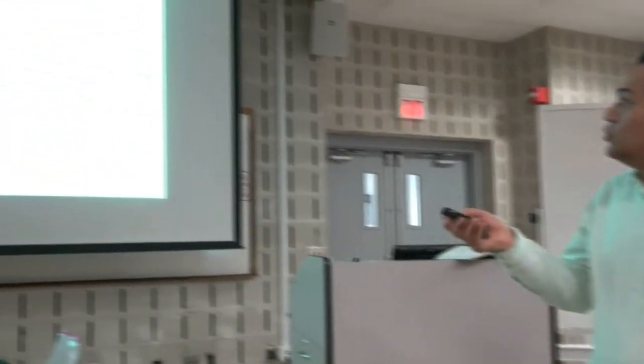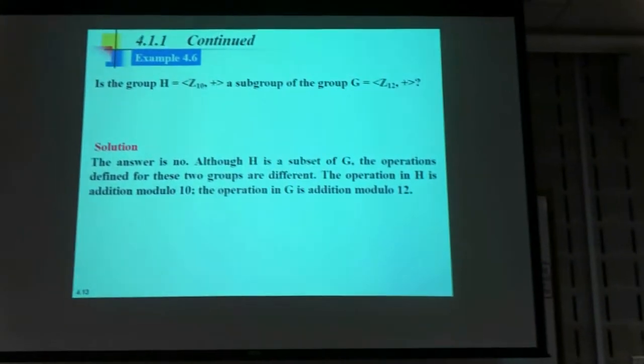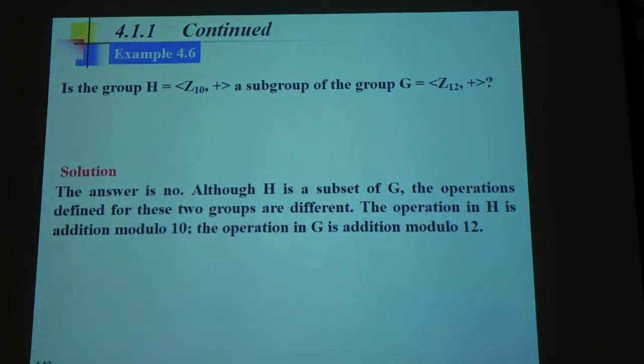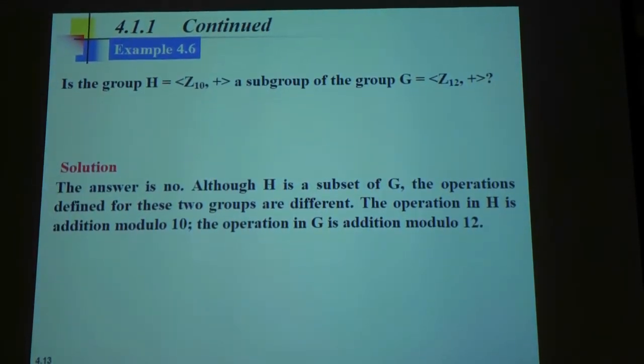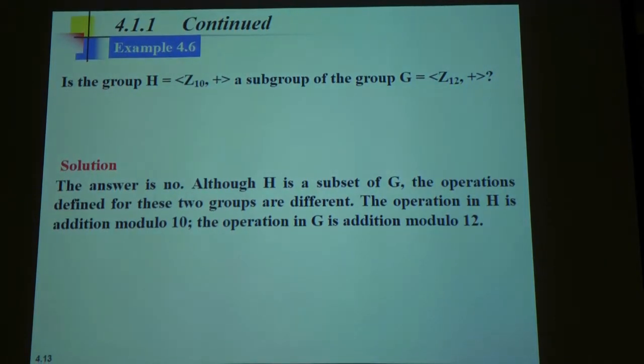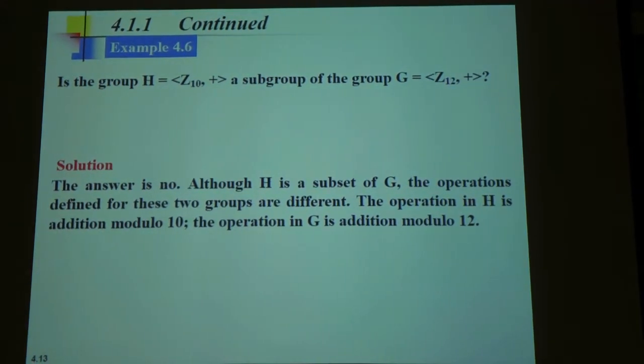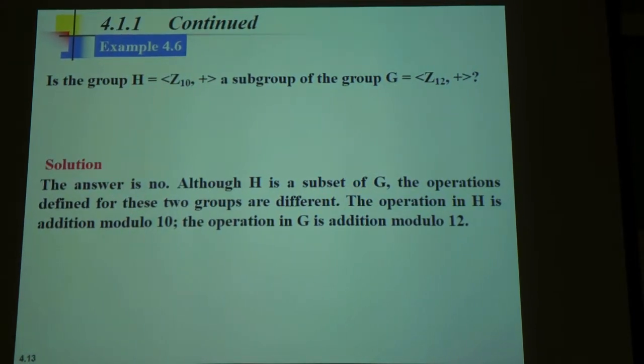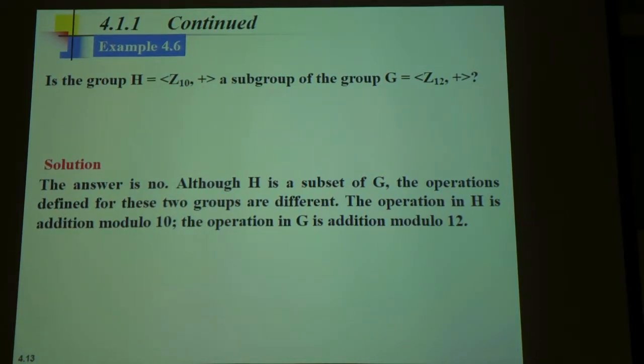So if you look in here, for example, the group Z10 with addition, is this a finite group? What are the sets? From 0 to 9. So it's a finite set, then it's a finite group. Okay. So what is a subgroup? A subgroup is when the set of the group is a subset of the other group.